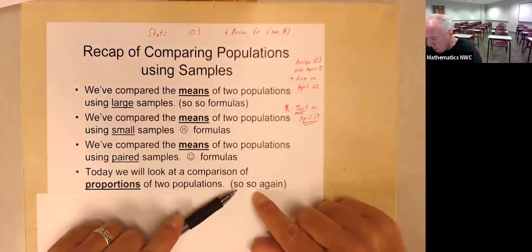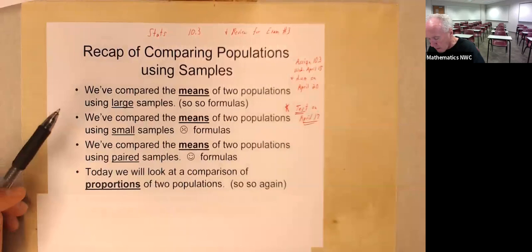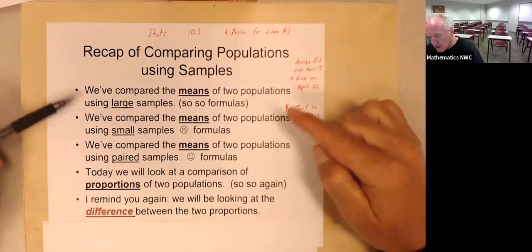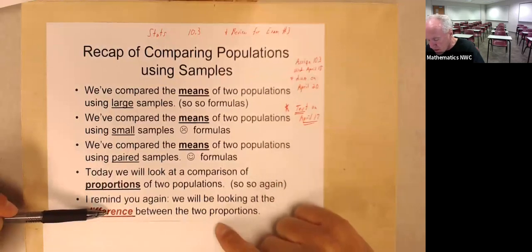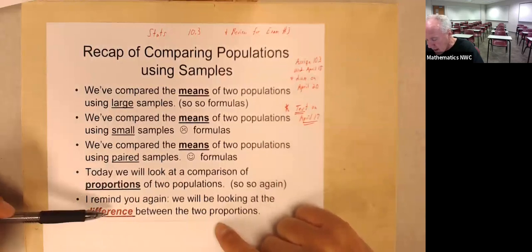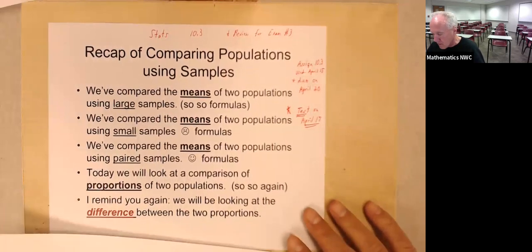So again, these formulas will be similar to these up here, where we're expecting you to be able to use them. With all of these, I remind you again, we're looking at the difference between 2 populations. In this case today, the difference between 2 population proportions.